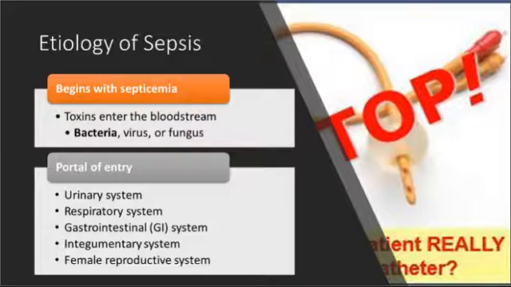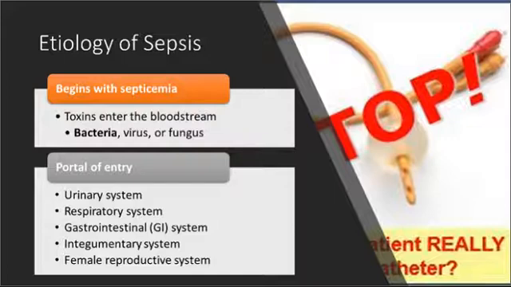Female reproductive, ascending infections that start in the vagina and travel up, such as sexually transmitted infections, tampon use, different procedures that go into the vagina, into the uterus, like elective surgical abortions.